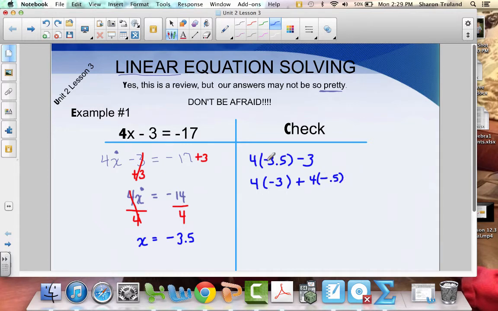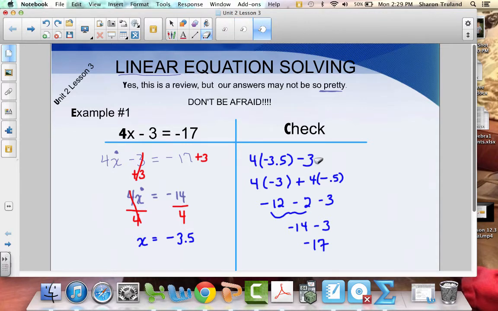I'm going to break up 3.5. So -3 times 4 is -12. Half of 4 is 2, so that's going to be -2. And then we still have that -3. -12 minus 2 is -14. -14 minus 3 is -17. So I did indeed get the right answer.